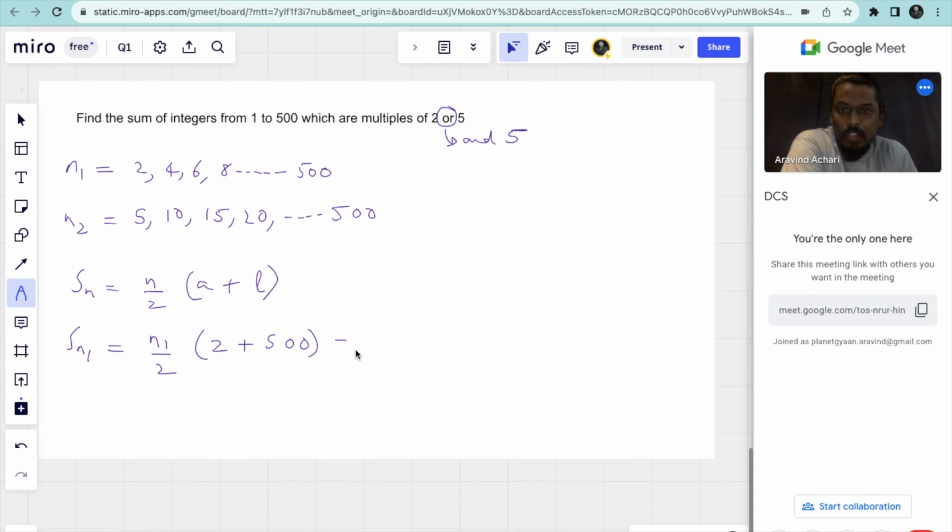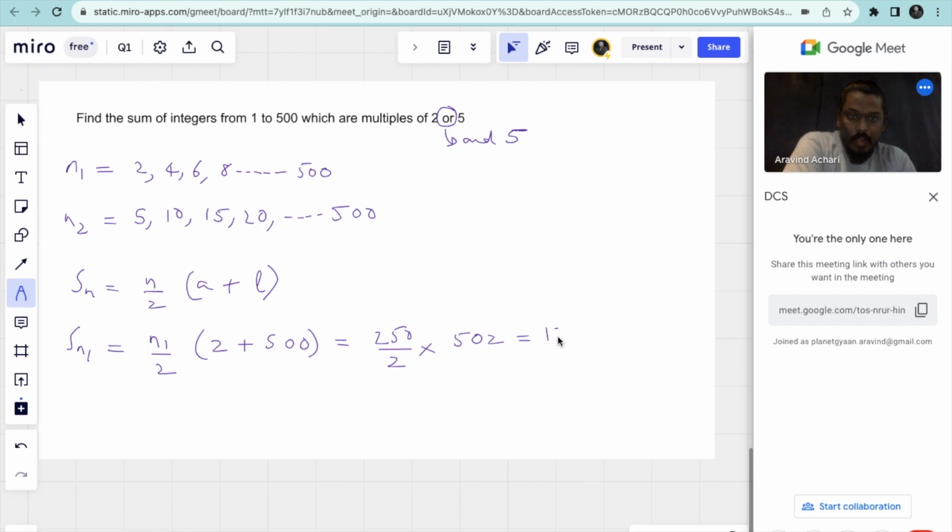So which is equal to, now how many terms are there in n1? If you calculate 2, 4, 6, 8 and so on till 500, it should be 250 numbers, right? So n1 will be 250. So 250 divided by 2 multiplied by 502, right, which is equal to, so 250 divided by 2, 125.